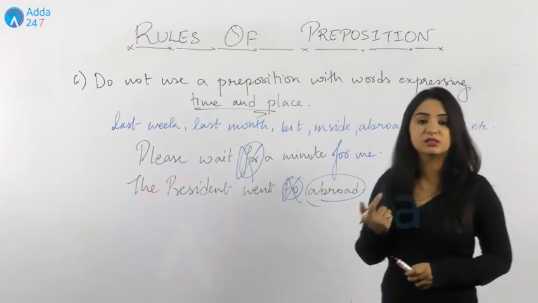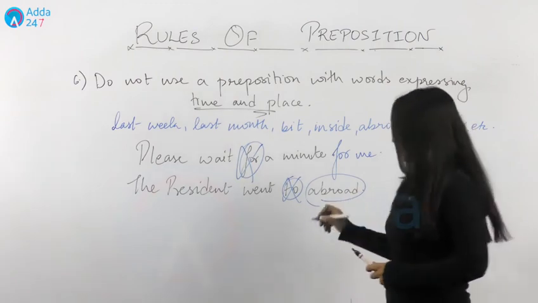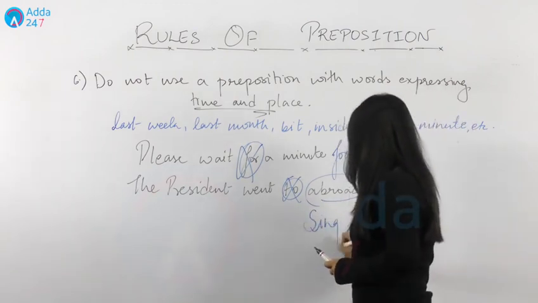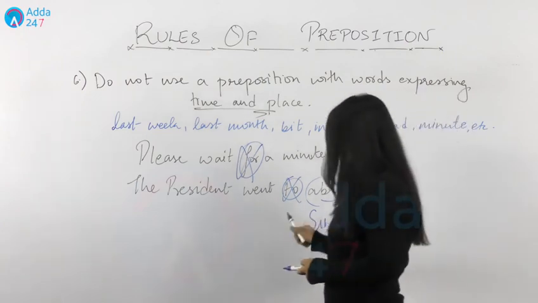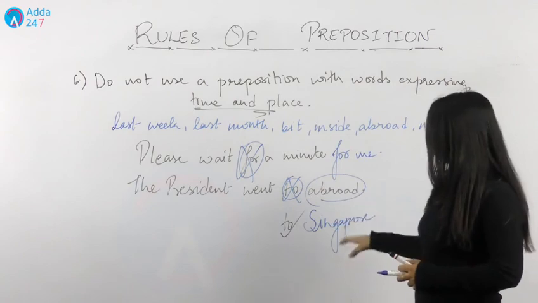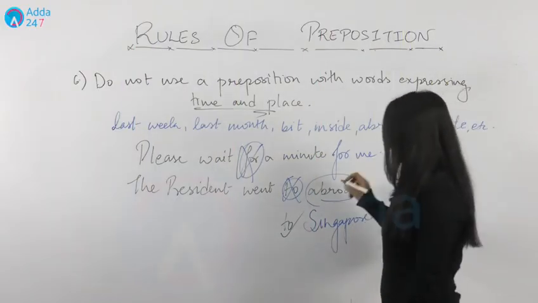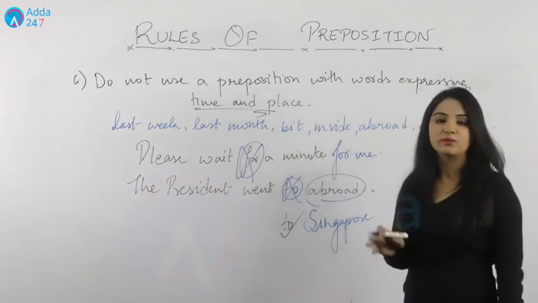But here abroad doesn't mean any perfect place. So we cannot write to with it. Instead of abroad, if I write Singapore here, then in that case you can use to with it and it will be correct. The president went to Singapore. But you cannot use to or any preposition with the word abroad.